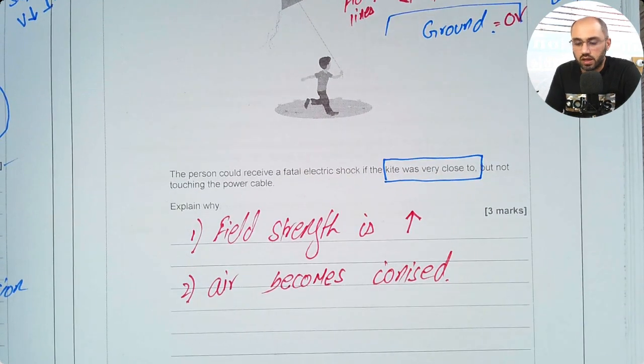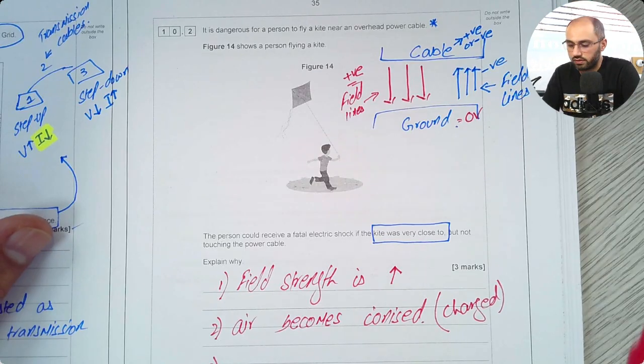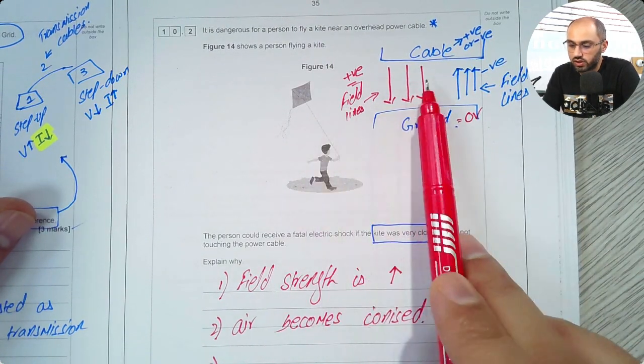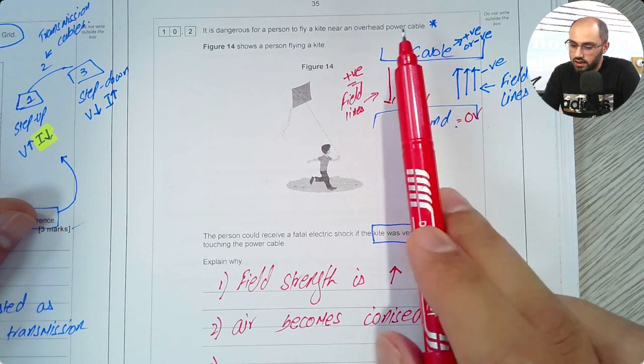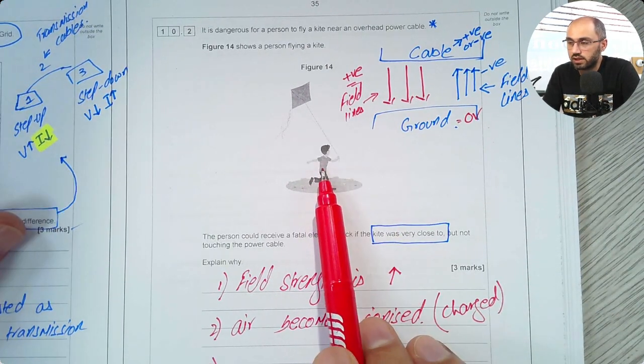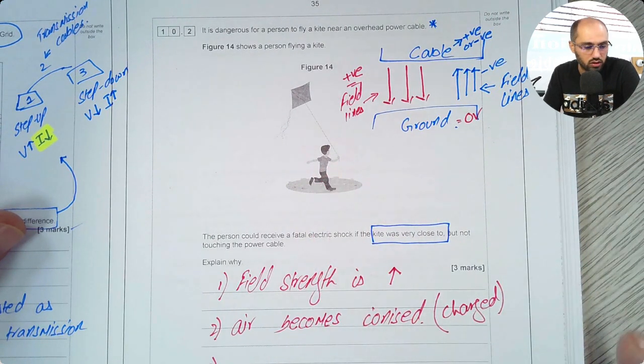This means it will become charged. If the air between these two sections becomes ionized and there is a string in between these two sections, then the string can conduct electricity. And as a result of this, what will happen? This person will get the shock.